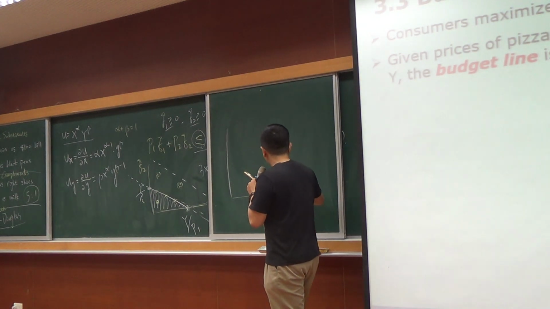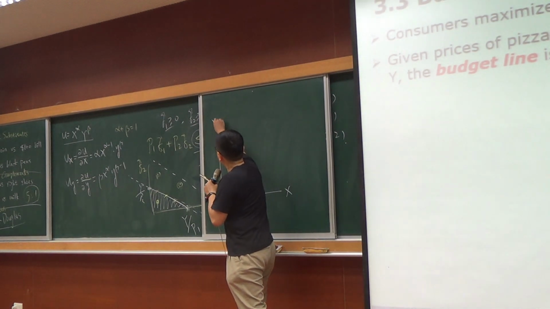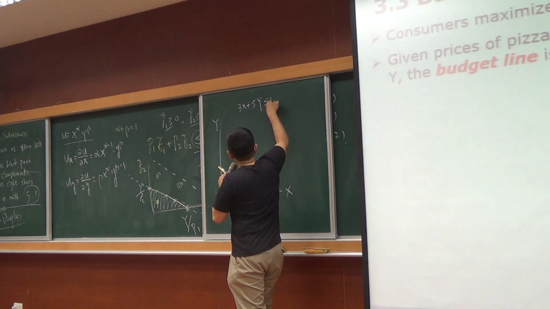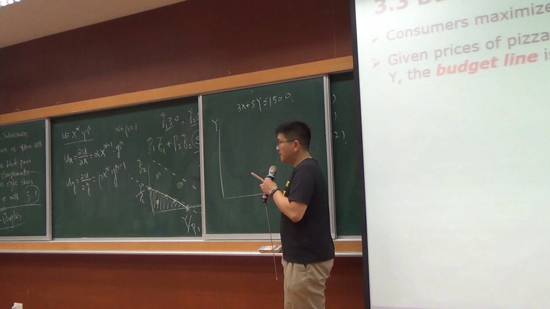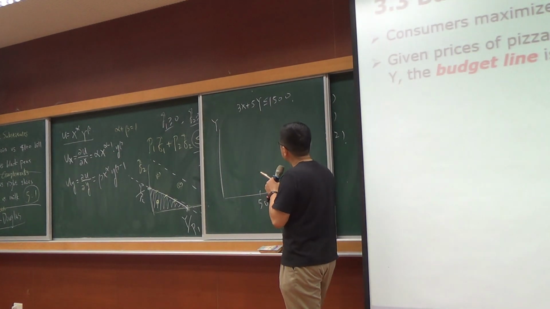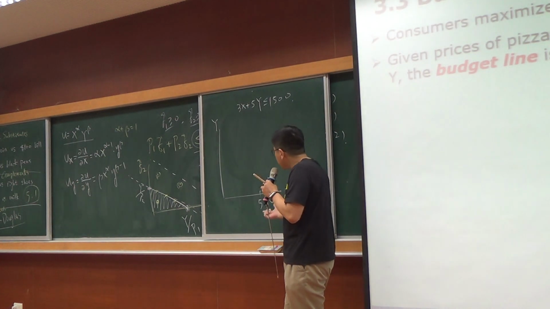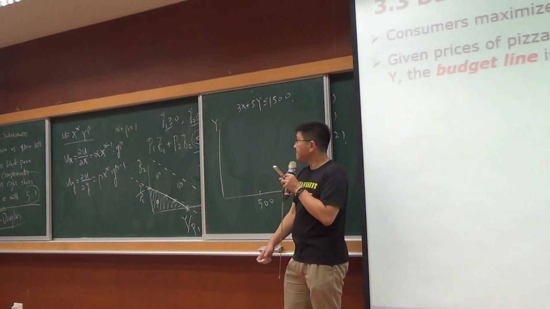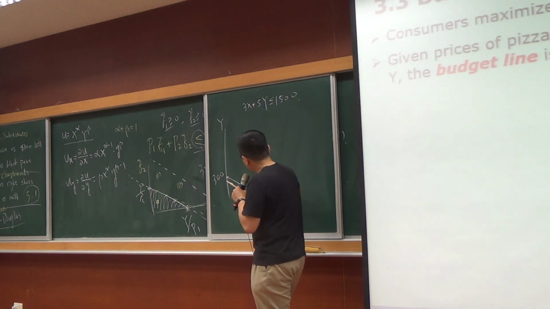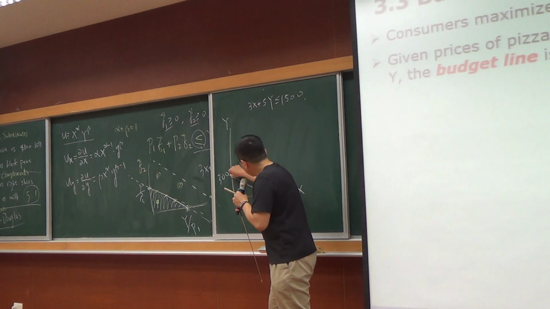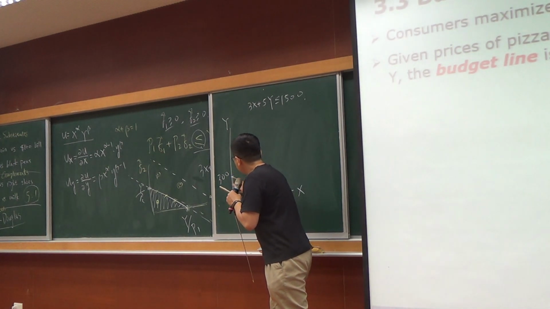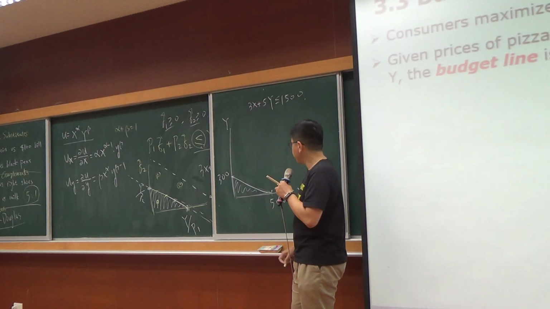In this case, 3X plus 5Y less than or equal to 1,500. So 500 units of X you can afford at most, right? And 300 units of Y. So this would be the budget constraint, and this would be the budget set.